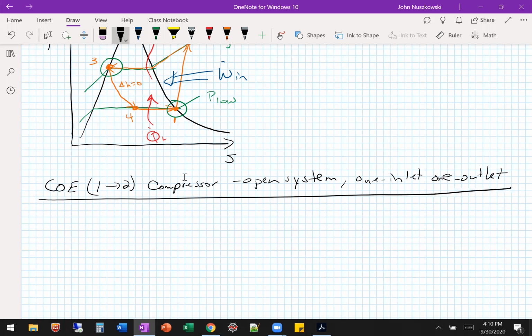But in this one, unfortunately, we just have one inlet, one outlet on each device. All right, so with our assumptions of neglecting kinetic and potential energy from our COE of an open system, we can simplify it to this, right?